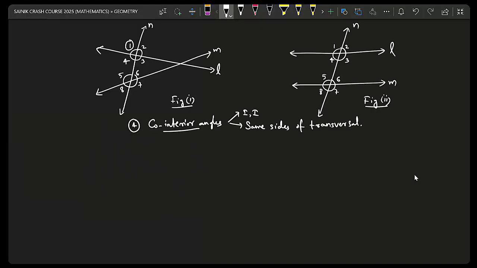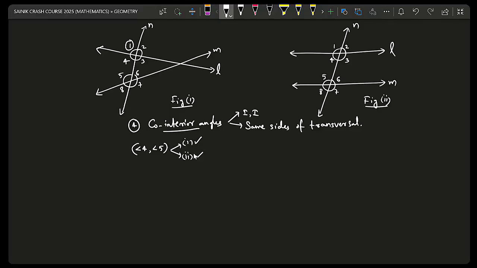Sir, interior means, sir, 4 and 5. Yes, 4 and 5, very good. Because both of them are interior and they are lying on the same sides. Let's check the first condition. Yes, both of them are interior. Second condition, both are lying on the same side of the transversal. They are lying to the left. So these two conditions are satisfied. We can say that they are co-interior angles.